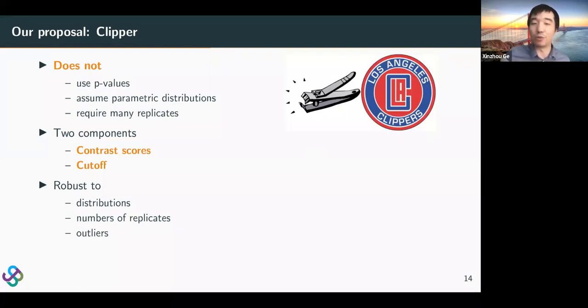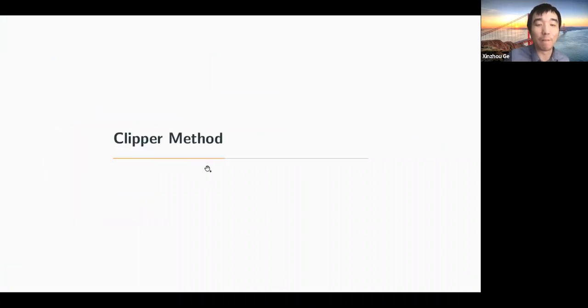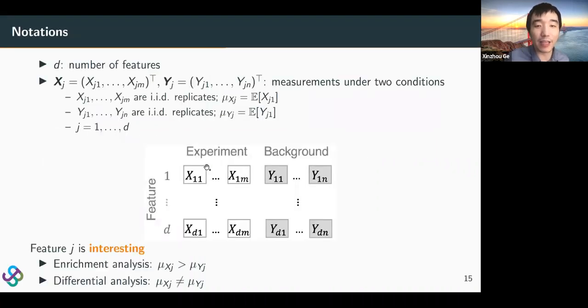I will mainly use some cartoons to do this. Here I will still introduce some mathematical notations which may be essential for understanding our method, but I think it's still okay if you feel it's too complicated.